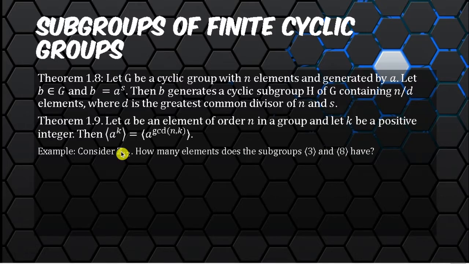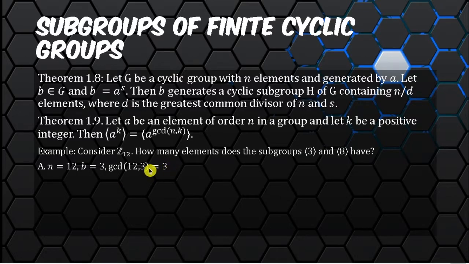Kasi mag-start siya ng 0 hanggang 11. So, we know what our n is. N is 12. Our B, if we're going to make use of the notation of the definition, is 3. And GCD, because we need D. What is D? GCD of N and S, which is 3. And the answer is 3.